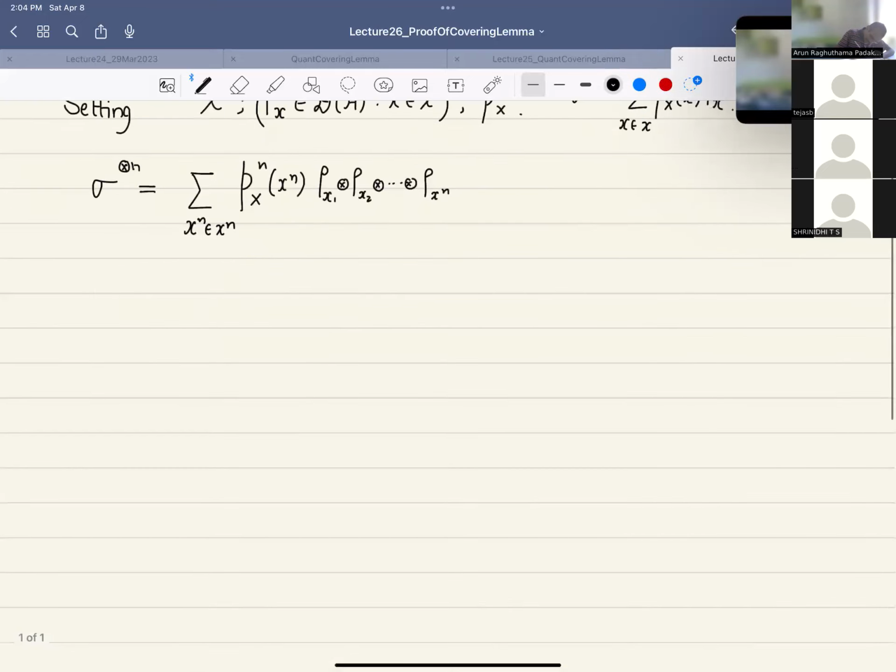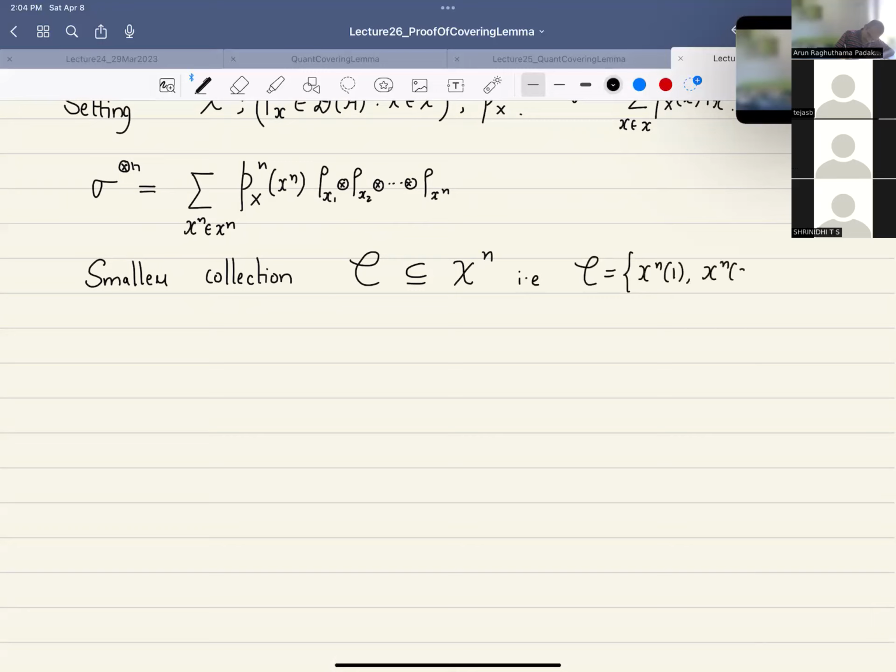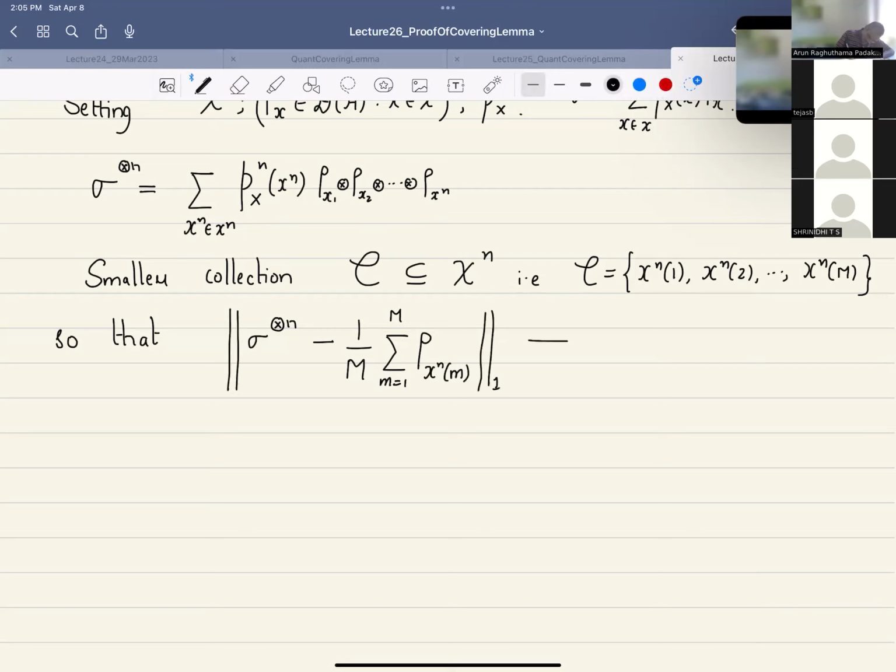What we are looking for is a smaller, the smallest collection C sitting inside Xn, that is C is say Xn of 1, Xn of 2, all the way till Xn of capital M, so that if I uniformly pick these guys, sigma tensor n minus the uniform ensemble average of this ensemble, m equal to 1 through capital M, rho of xn of m, this falls exponentially.